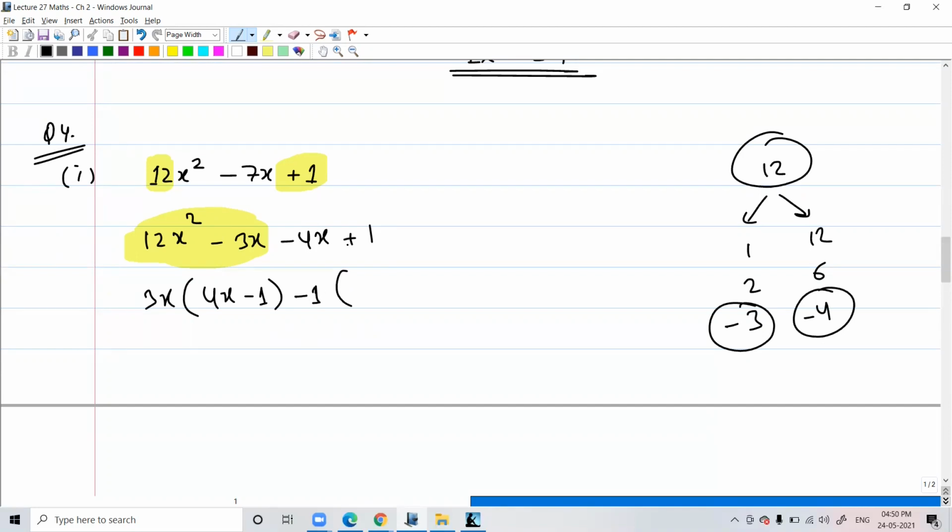If I take a -1 common from these two terms, they will become +4x -1. Now you can see this bracket and this bracket, both of them have become the same. So we can take it common again. And when we write it, the factors are 4x -1 and 3x -1.